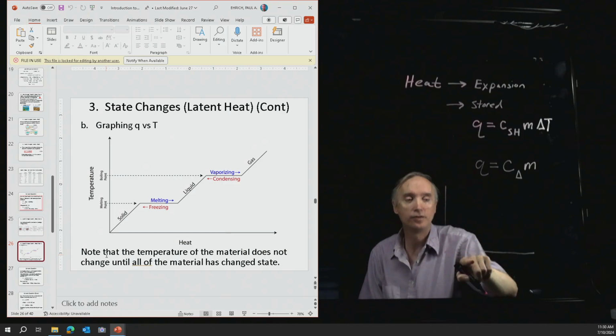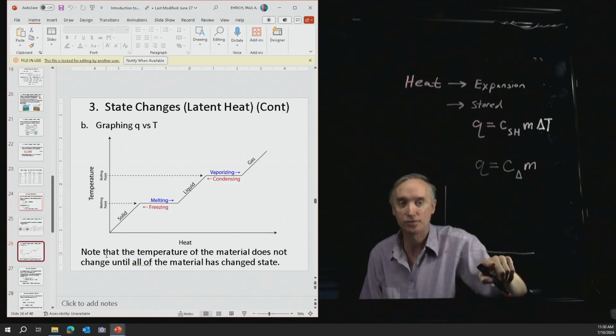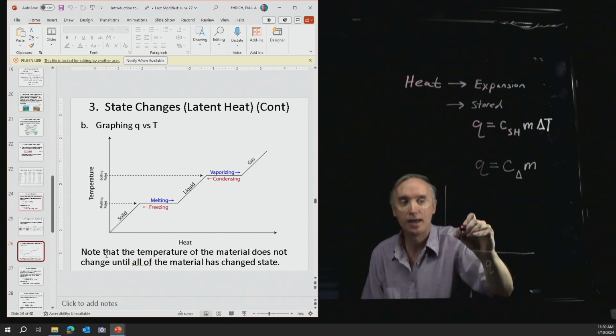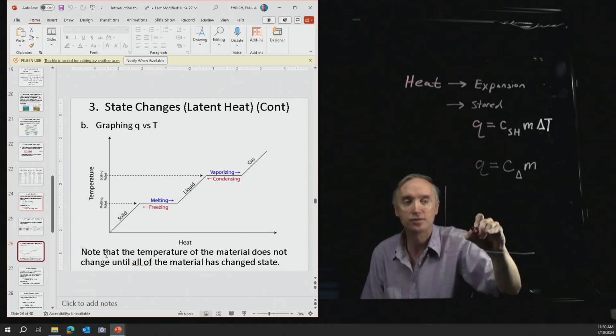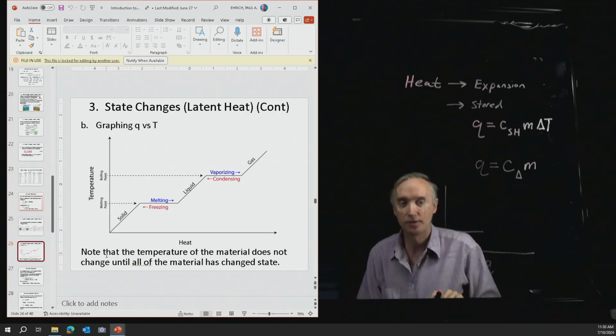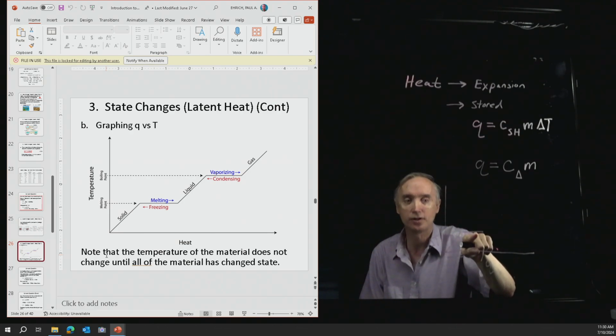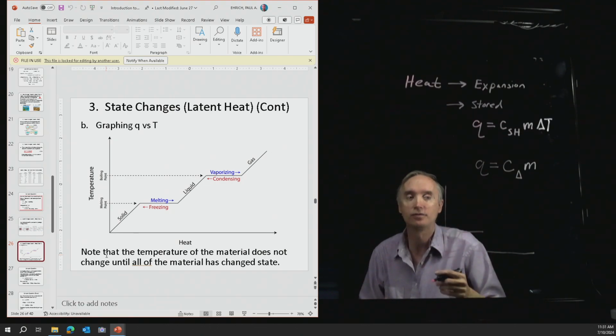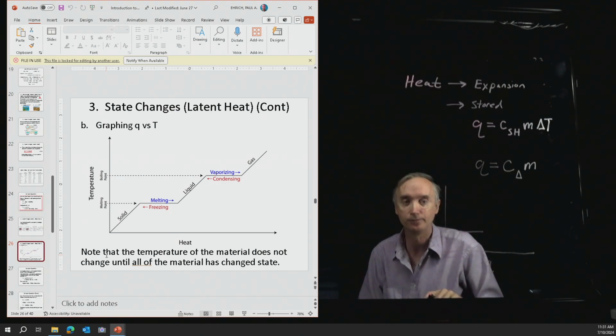Now, after you've added a certain amount of heat, it's going to start to change its phase or change its state. This was a solid, and now it's going to do this. Notice what's happening to the temperature. The temperature is not changing, because the temperature doesn't change as long as a phase change is occurring.